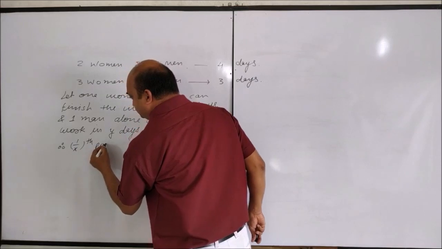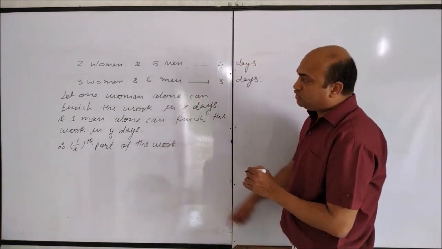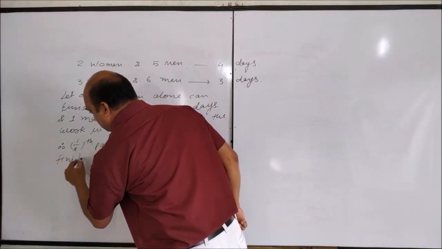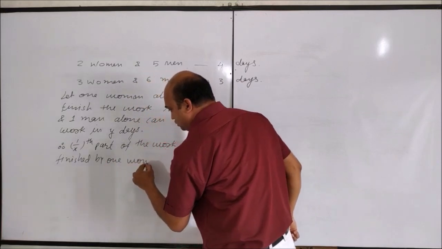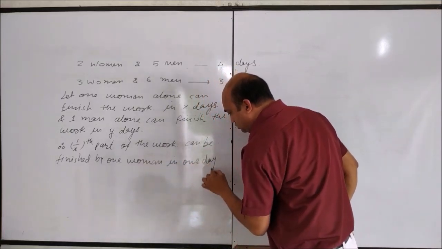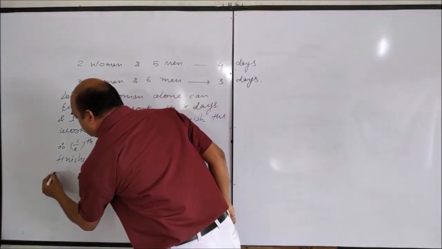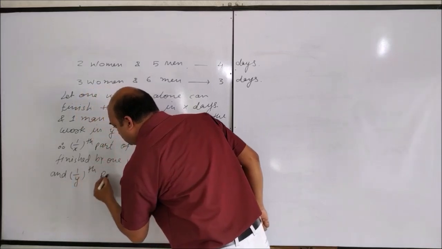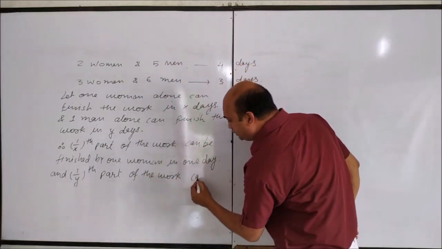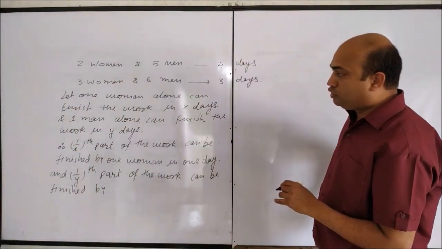1 upon xth part of the work can be finished by 1 woman in 1 day and 1 upon yth part of the work can be finished by 1 man in 1 day.